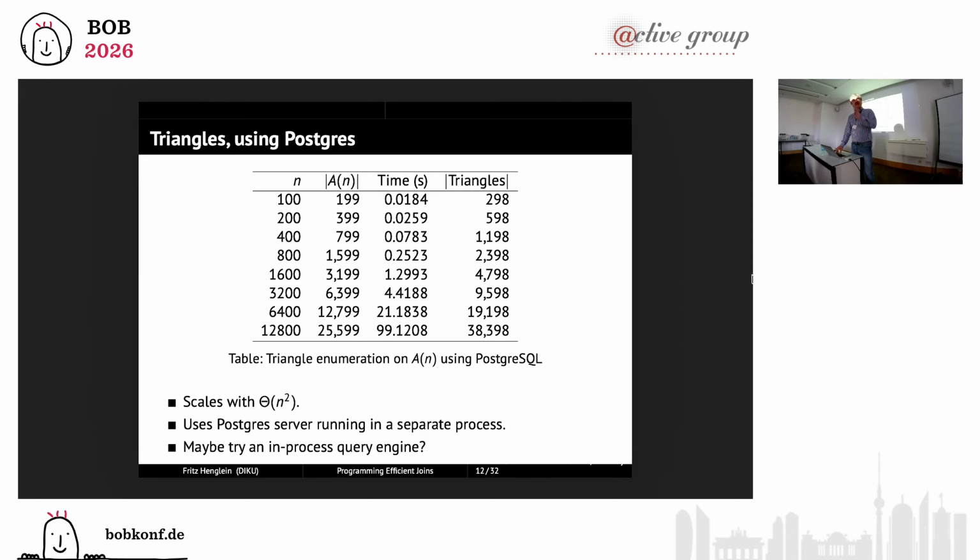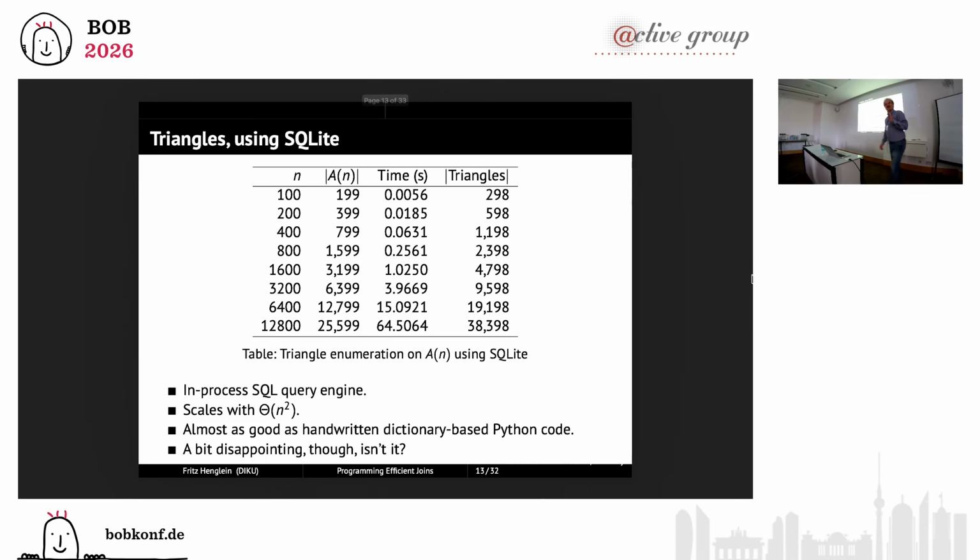Let's use an in-process query executor. Let's use SQLite. SQLite is actually fascinating to watch. It's gone from being a very simple-minded database engine to a very, very good one, okay? So what does it do? Well, that's not so bad. 64 seconds, okay? It's 30% faster than Postgres, 50% slower than the Python code we wrote.